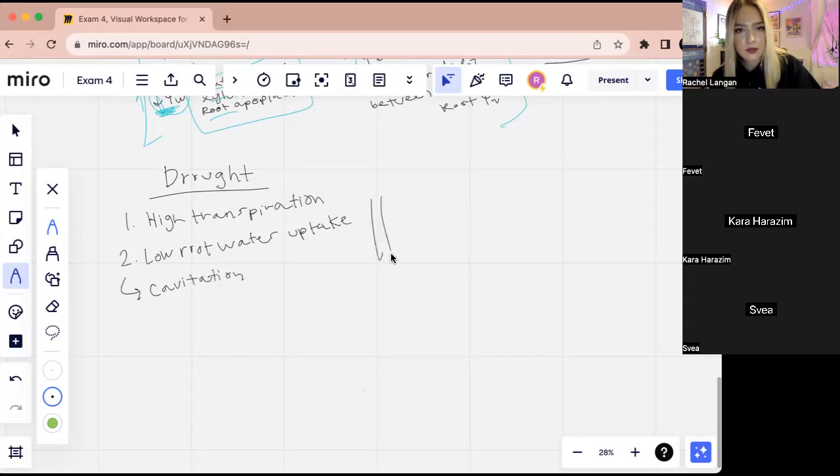So if we have our little plant, our little chain of water molecules, if the rate out gets really high, but the rate in is pretty low, then we can actually end up breaking the hydrogen bonds of that chain of water. And that causes an air bubble, and it's a big problem because now if we increase transpiration, we're not going to pull up an entire water column because now it's separated. So we're not going to get enough water moving through the plant, and that can cause plant death.